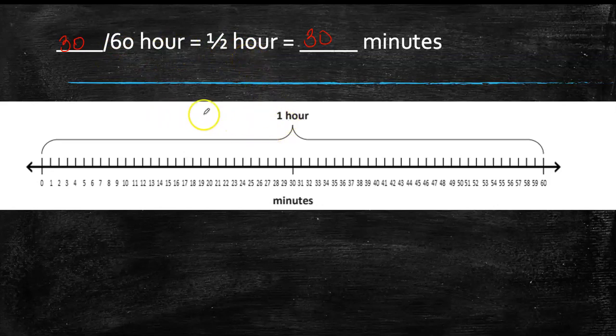We can look at this number line and see that it's partitioned right here for that half. To me, the round one is a little bit easier, but some people like the horizontal number line, which is fine as well. Whatever tool is going to help you succeed is the tool you want to use.